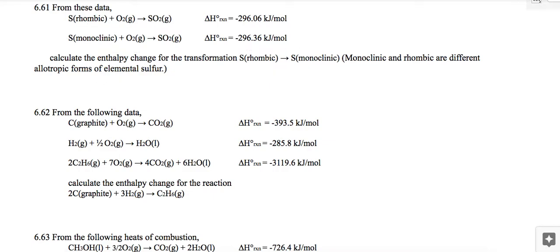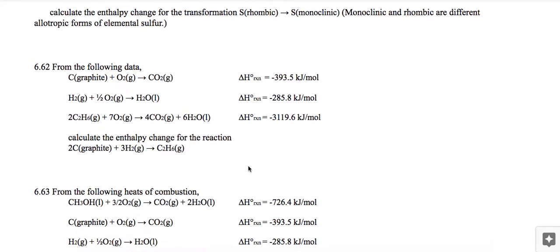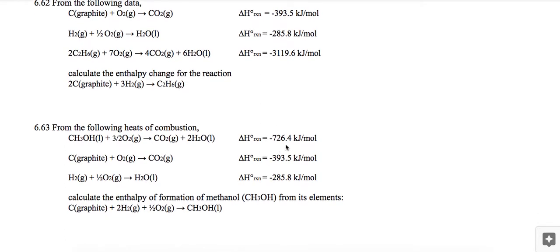Let's see. Here is the graphite problem. I'm just going to use that as my line I'm adding up. And this is how we end up doing this one. We take this times 2, so this gets multiplied by 2.